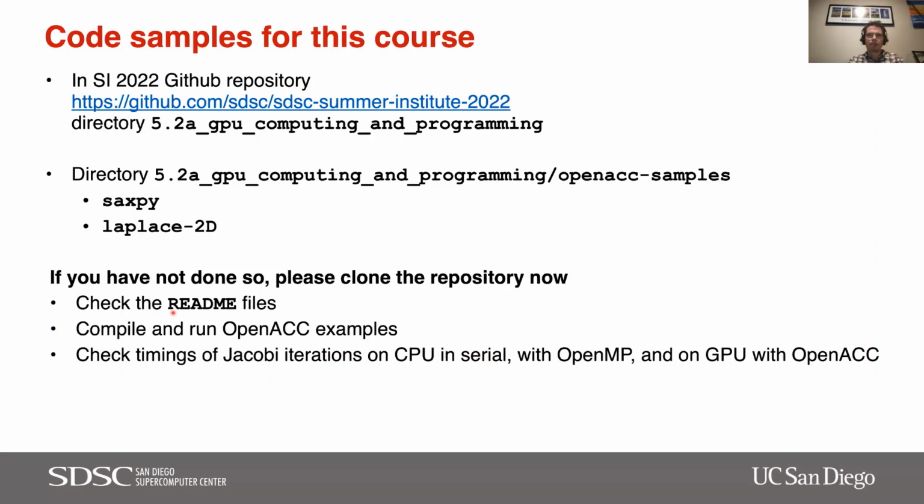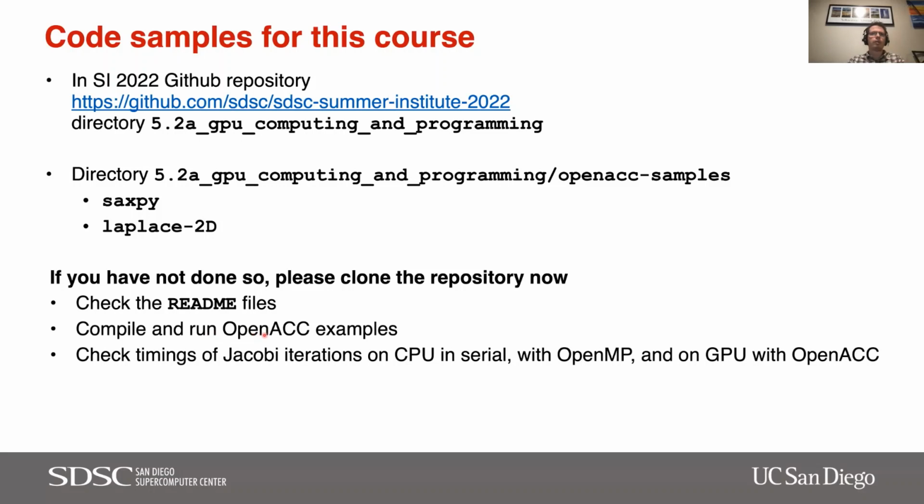Finally, for these hands-on exercises, the GitHub repository README file has some information for you to get started. There is this SAXPY example, and this Laplace 2D, it contains this Jacobi iteration. Check the README files in those directories.